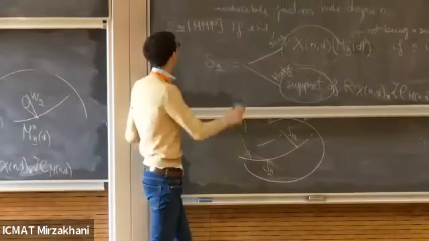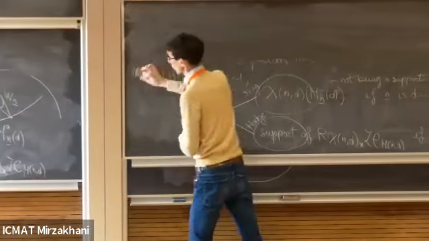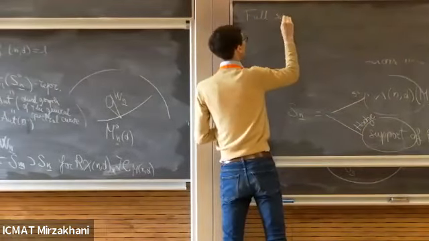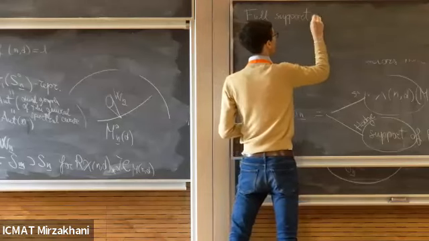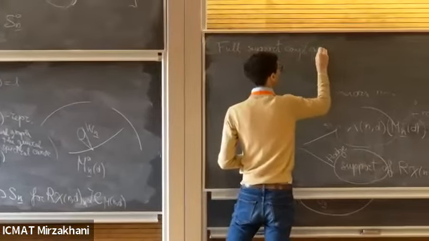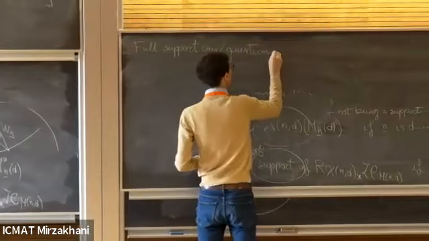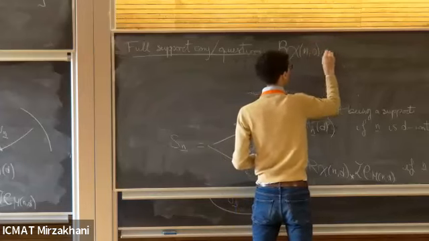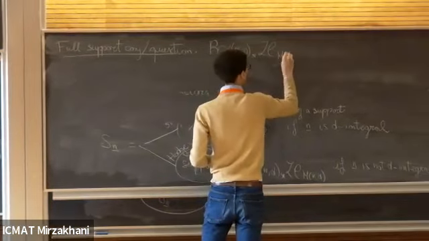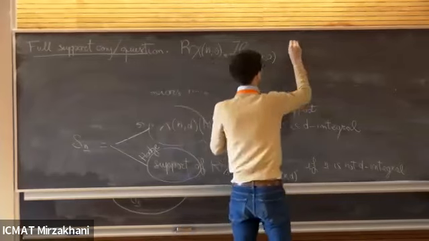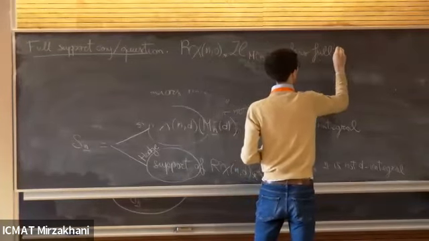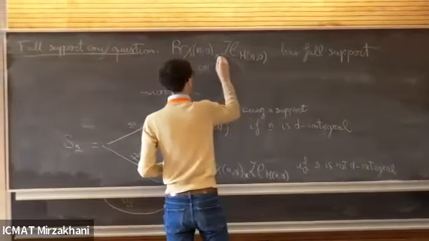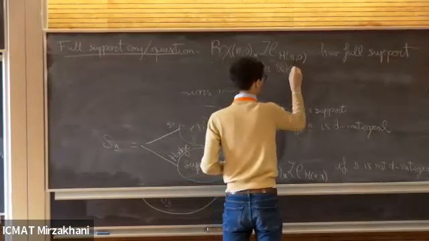I already erased it. We asked for the full support conjecture for the equation: does Rχ_{n,0} IC_{M_{n,0}} have full support on the whole base?